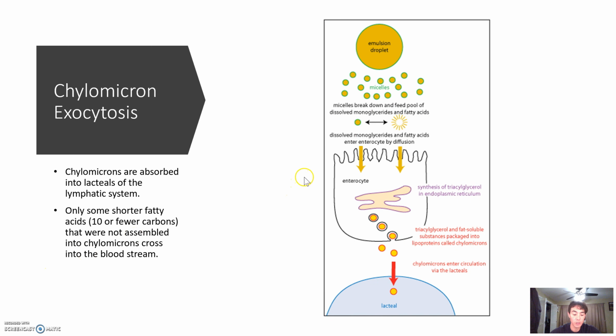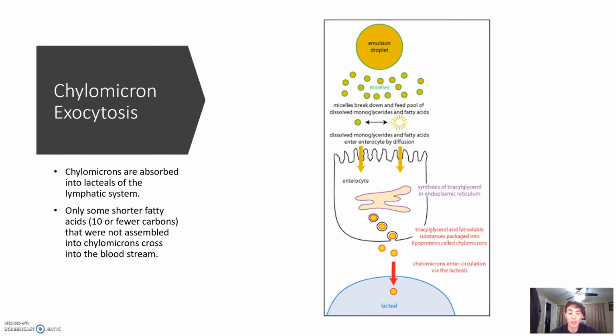So these secretory chylomicrons that are created after the Golgi apparatus are still a little bit too big to go right into the capillaries and enter the bloodstream that way. So the chylomicrons are absorbed into the lacteals of the lymphatic system and enter the venous system just before the right atrium of the heart.